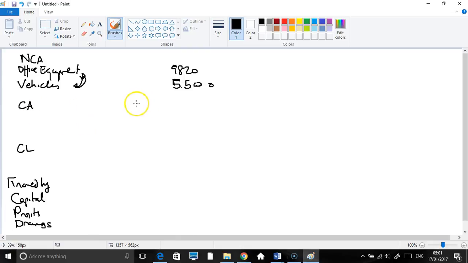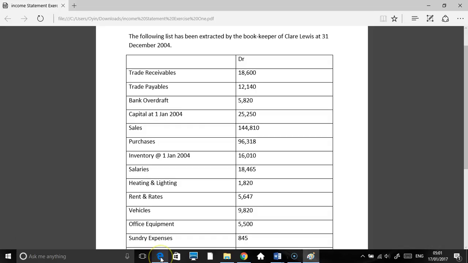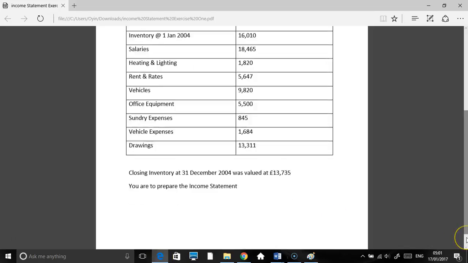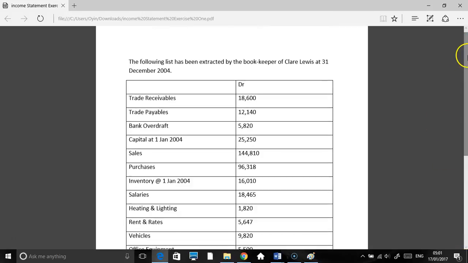And then your current assets were your closing inventory. You had some trade receivables. And I think that was it. You didn't even have any money in the bank, if I remember. Your closing inventory was 13,735.